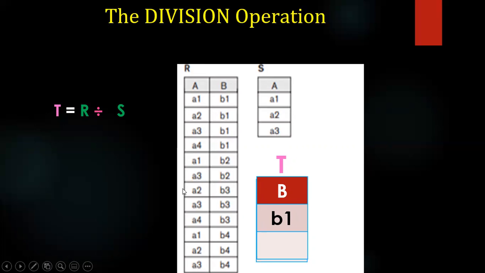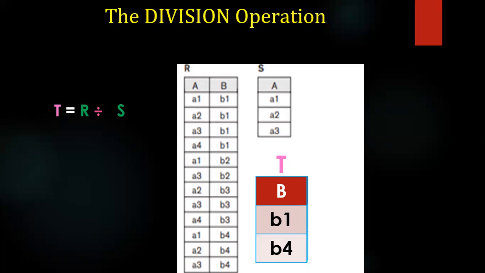It does not come with A2, so we will not place B2. Similarly B3 doesn't come with A1, A2, A3. It comes only with A2 and A3, so there is no place for B3 in the result. Now check B4. B4 comes with A1, A2 and also A3, so B4 will come in the result.